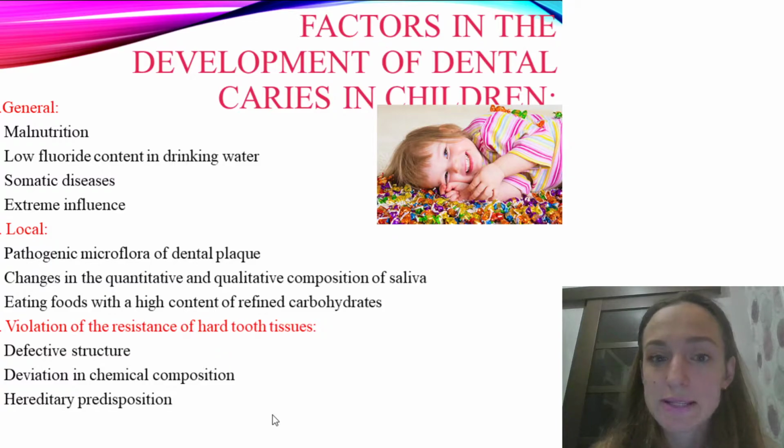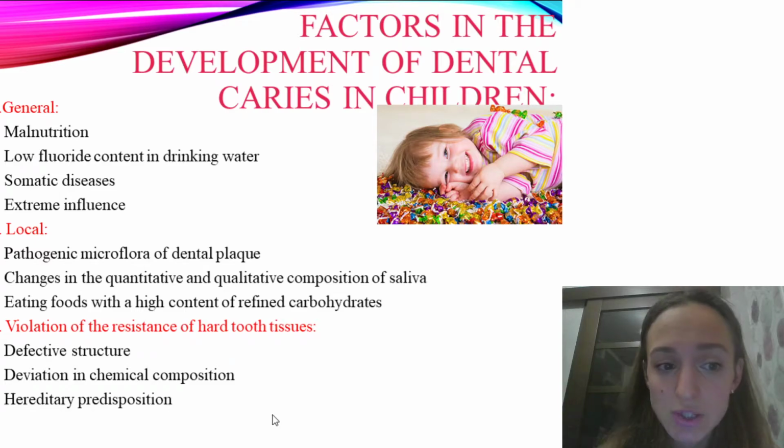Next one, factors in the development of dental caries in children. You should know about 3 groups of factors. The first group is general factors: malnutrition, low fluoride content in drinking water, extreme influences, somatic diseases. The second group is local.